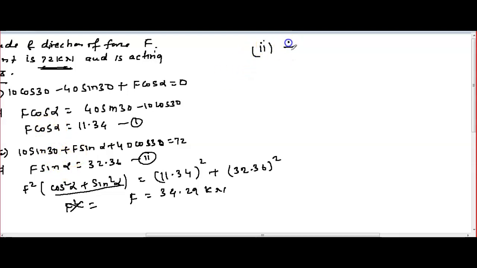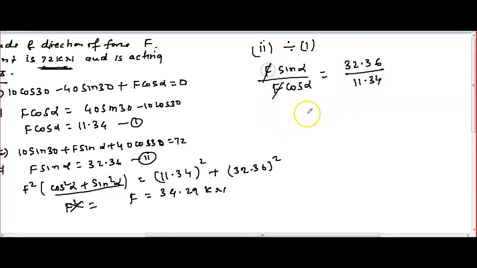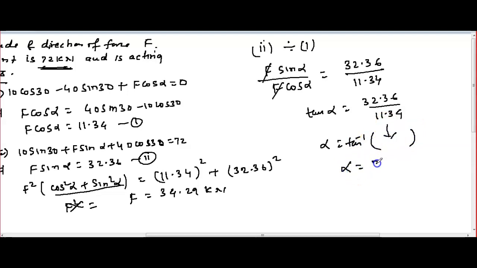Equation 2 divided by equation 1: F sin alpha divided by F cos alpha is equal to 32.36 divided by 11.34. This F and F get cancelled, so tan alpha is equal to this value. So alpha is equal to tan inverse of this value, which is 70.69 degree. Any doubt in this?